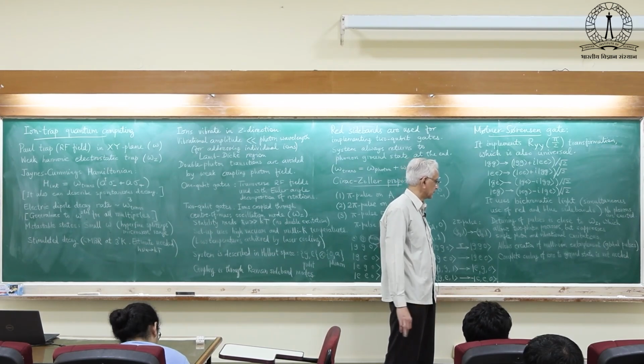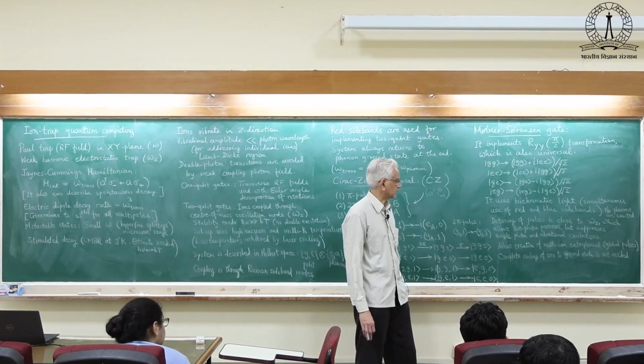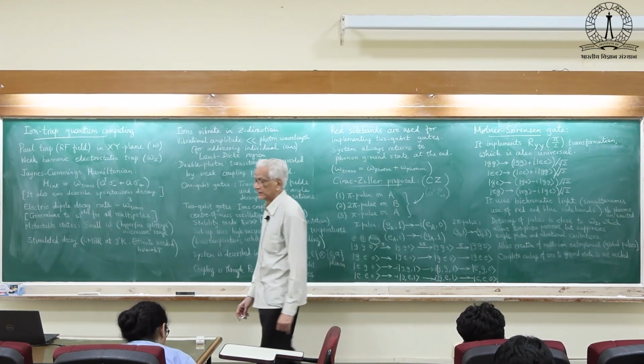If it is little bit imperfect, it doesn't matter much. That is another advantage of this Molmer-Sorensen gate.